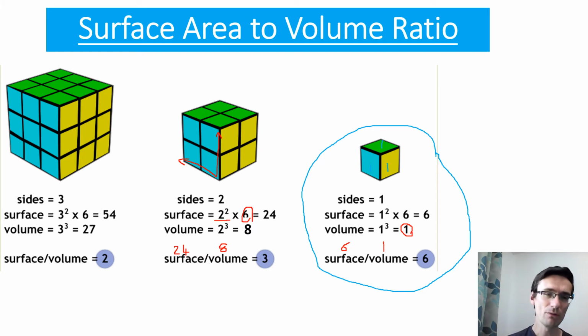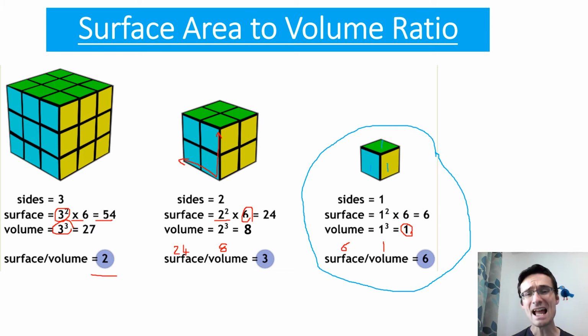And then this one, we've got 3 cubes, okay? So 3 squared gives the surface area of one side, which is 9, times that by 6 equals 54, and then 3 cubed gives the volume, which is 27, so 54 divided by 27 equals 2.